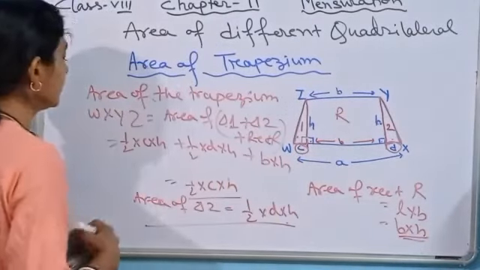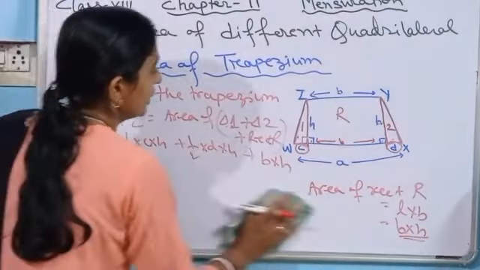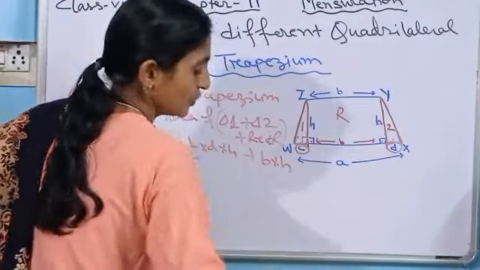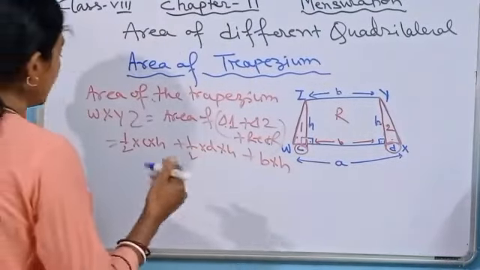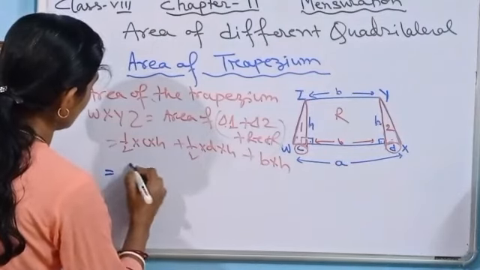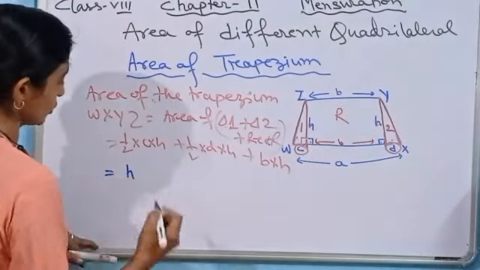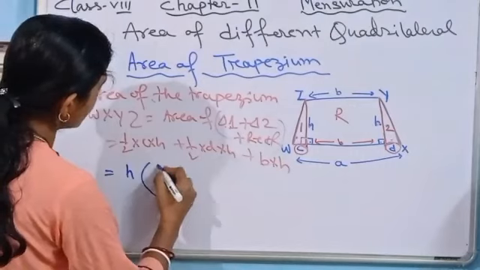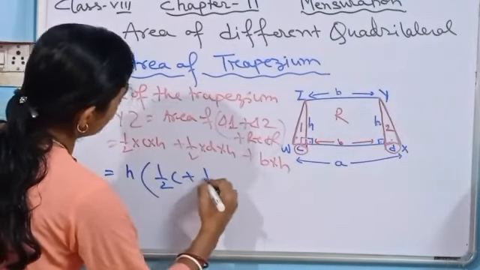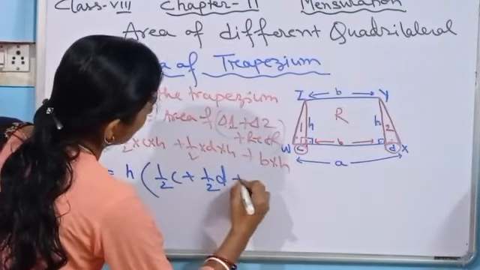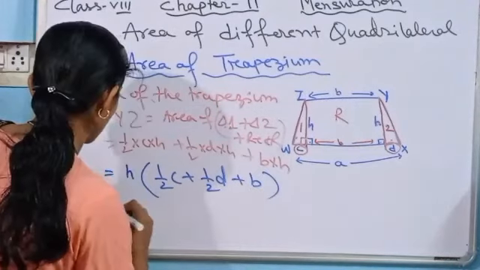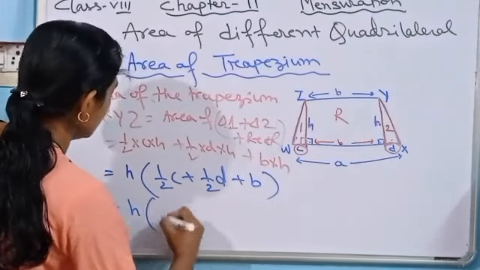Now you can see here from these three, H is common for all. So I will take H as common. If I am taking H as common, I am taking it out from them. So what is remaining? Half into C plus half into D plus B. Now let's come to the simplification.